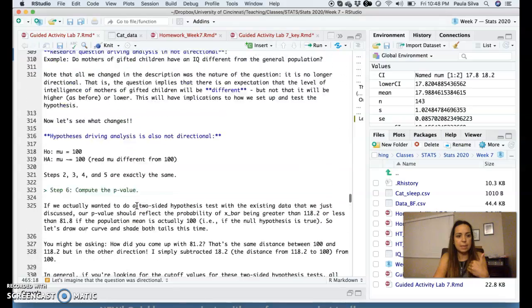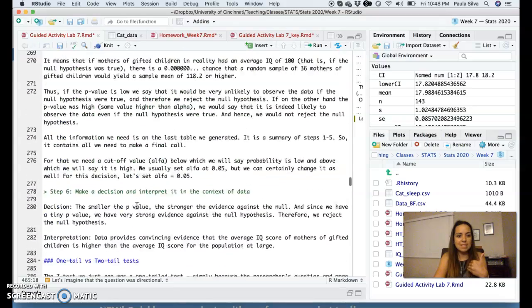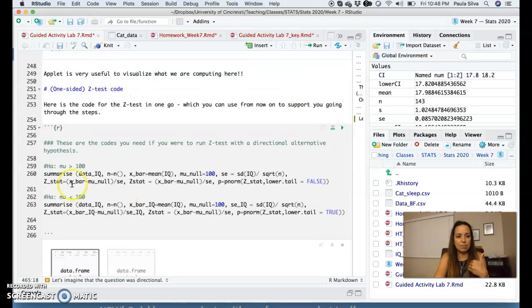That's not what I need. Let's find there. So these are the codes you need if you were to run z-tests with a directional alternative hypothesis, right? So we want one that has the mean expected to be greater than some value. So this is the one we want.